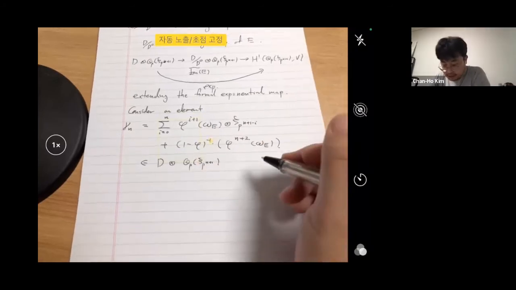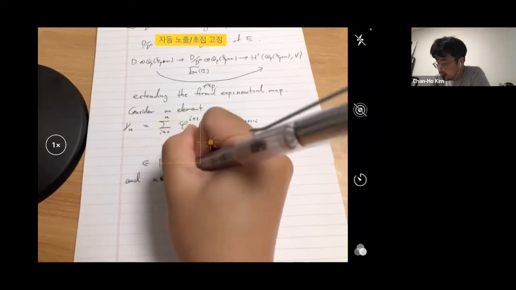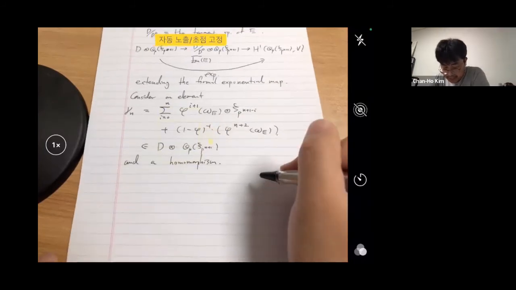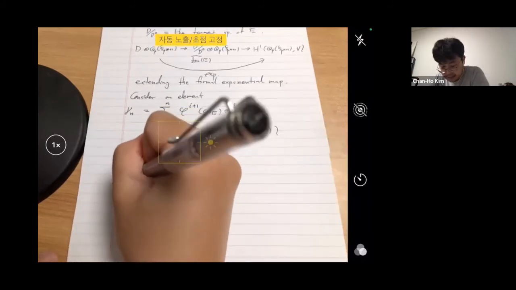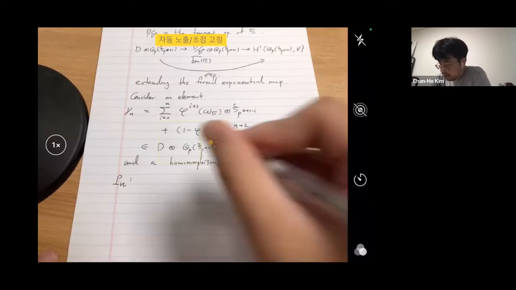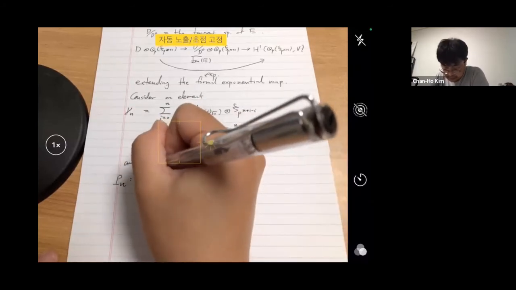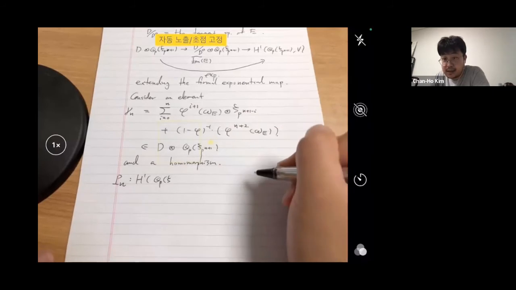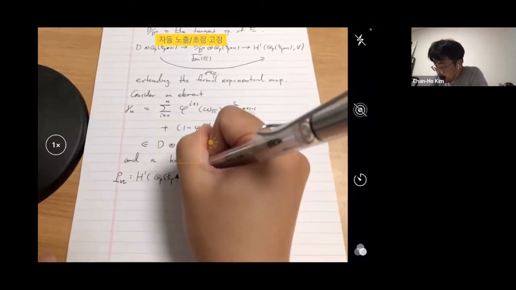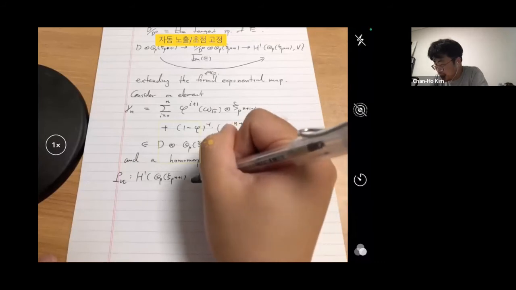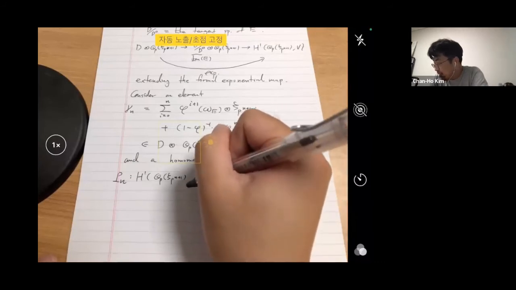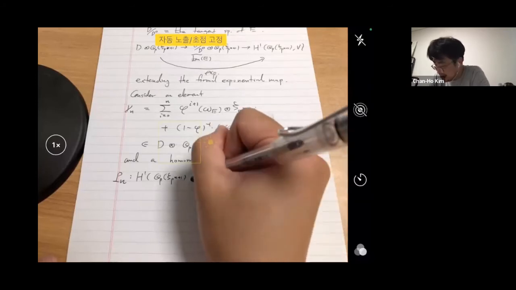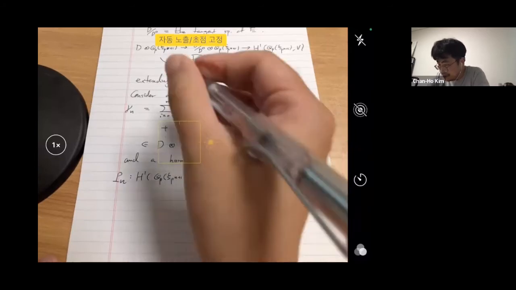And the homomorphism P_n starts from the local Galois cohomology over Q_p adjoining zeta_{p^{n+1}}, because I will project everything down to the nth layer of the cyclotomic Z_p extension. That's the reason why I use the n+1 here.